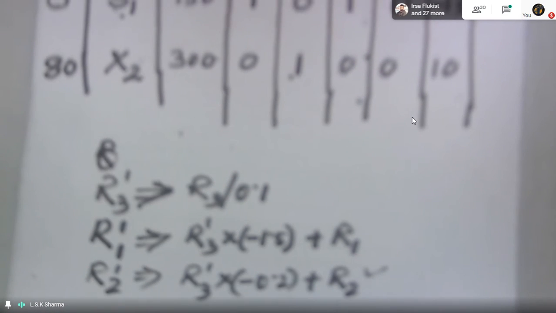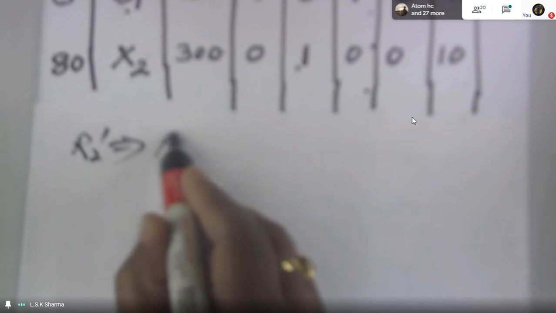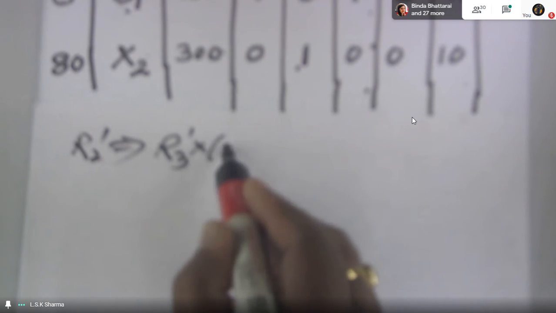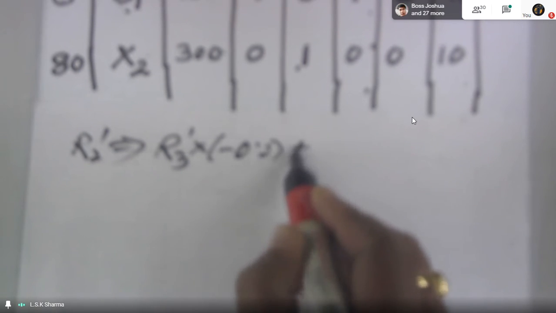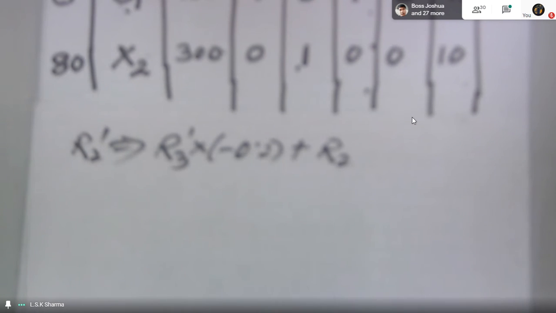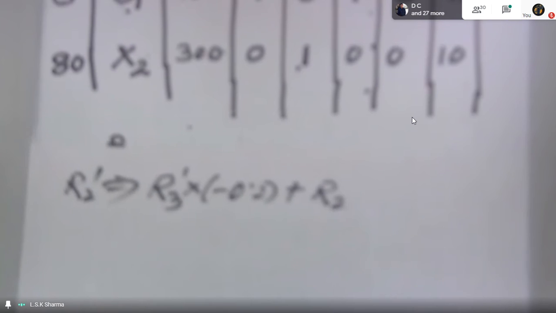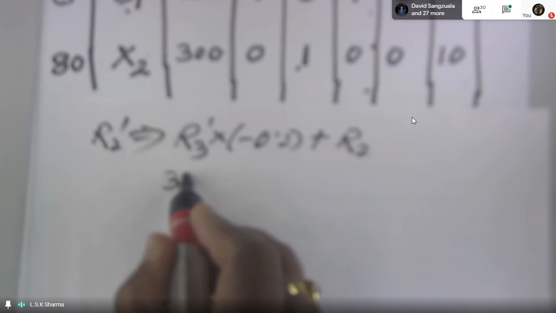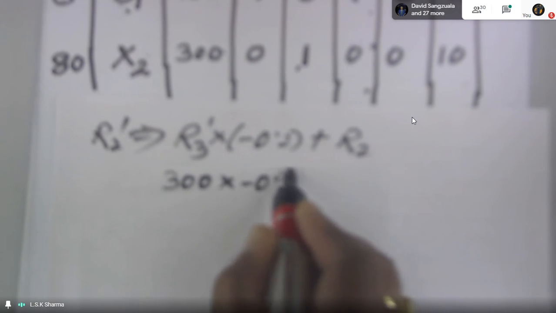Okay, now let's do the rough work again on this. Okay, let me write down the equation again. The equation is R2 dash is nothing but what I have as R3 dash multiplied by minus 0.2 and plus R2. Okay. Now, let us start from the value of basic variable. So 300 into minus 0.2 plus what was the value out here?